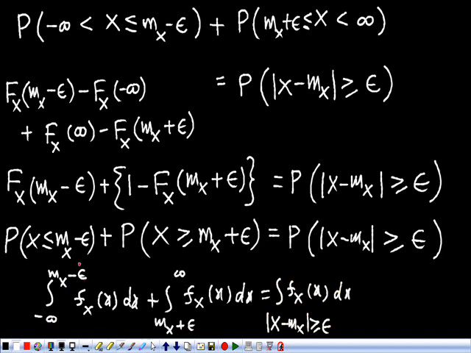Because this interval and this interval can be combined into this one, mod x minus mx greater than or equivalent to epsilon. Follow. So therefore, now this is equivalent to this. That is integral over mod x minus mx greater than or equivalent to epsilon of fx of x dx is equivalent to this. Is it right?